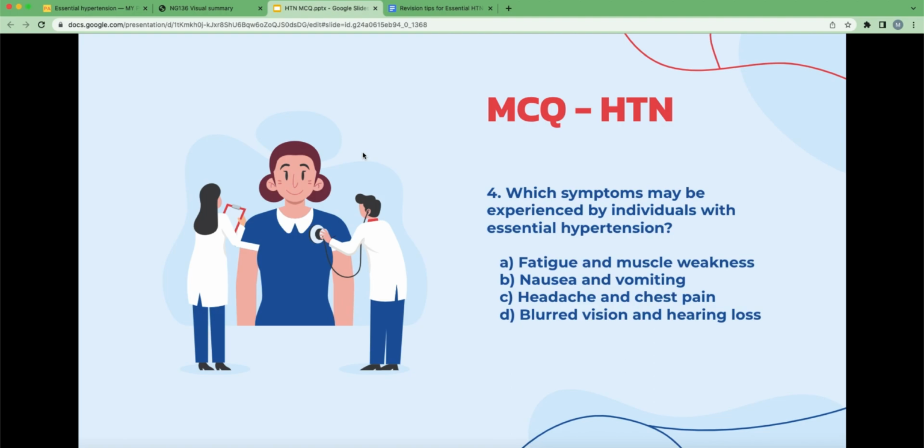Again, this is a short best answer example, so you need to think like what the examiners may ask. And what is the correct answer? C. Again, most patients are asymptomatic, but most patients present with headache and chest pain symptoms. Mainly headache, I would say.